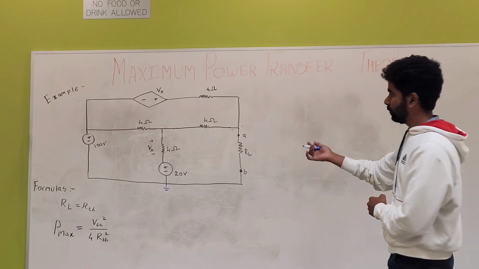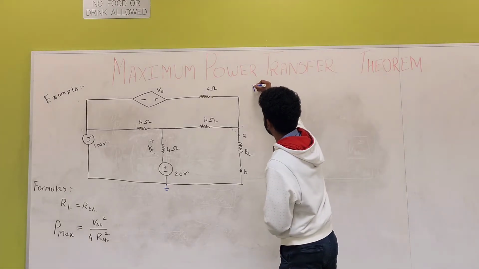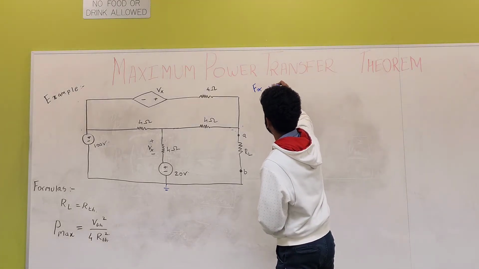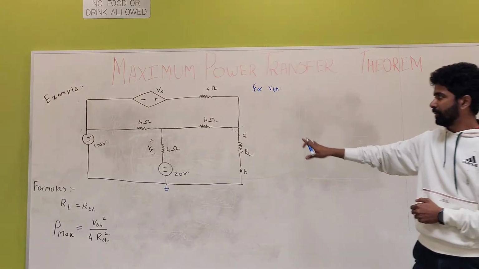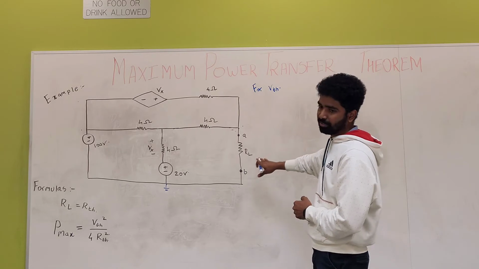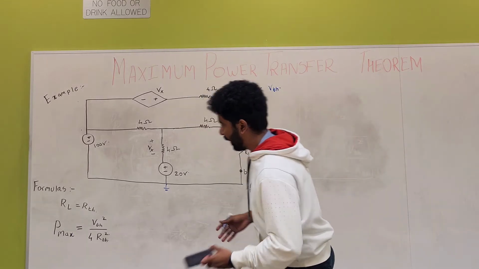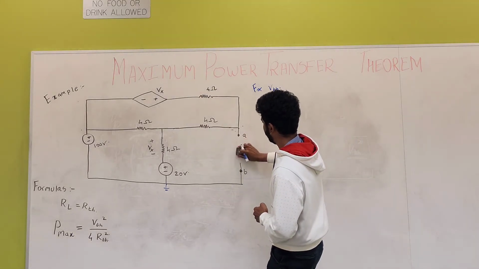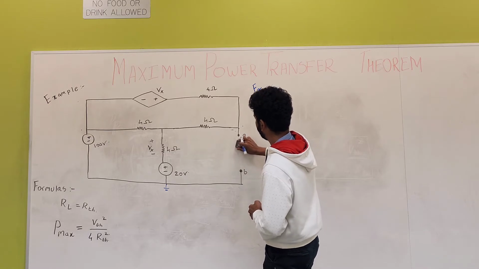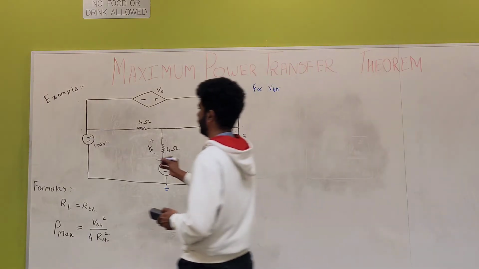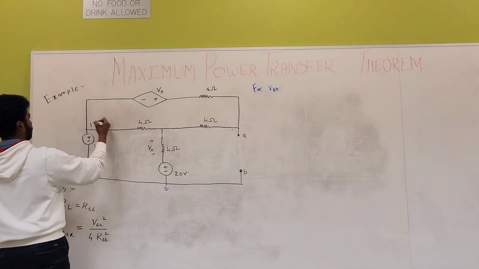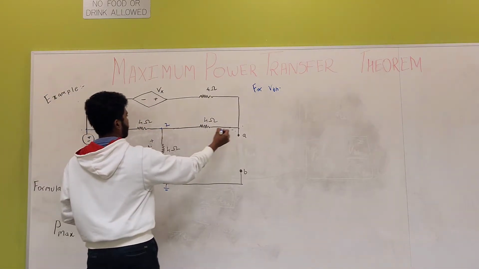I would first do the VTH. For VTH, we know that in a circuit, wherever there is a load resistance, we just get rid of it, and do the nodal analysis at points, let's take 1, 2, 3.